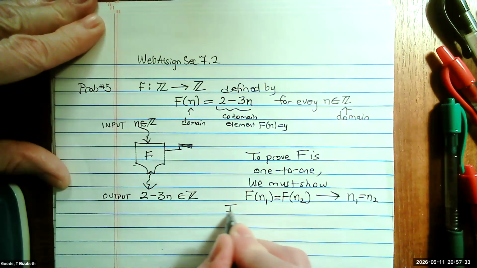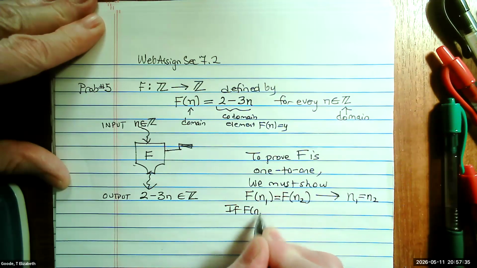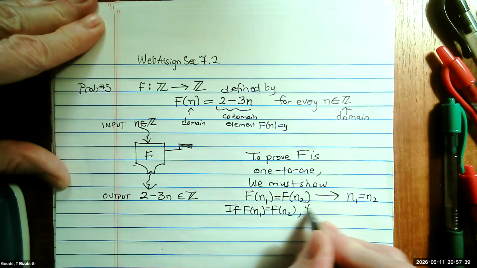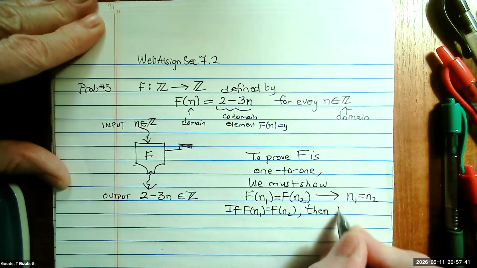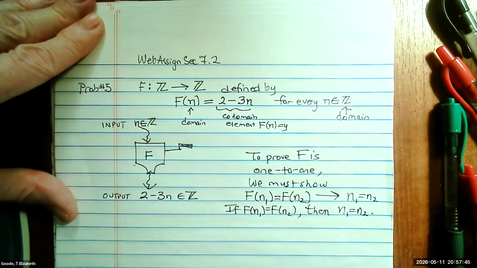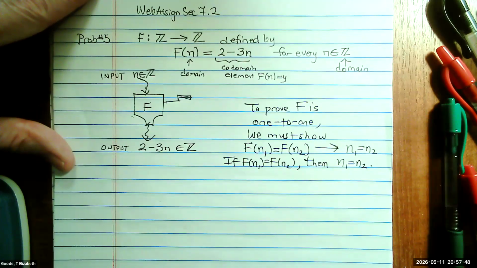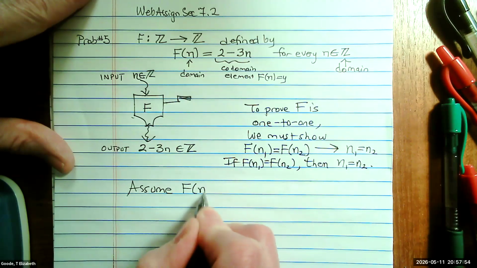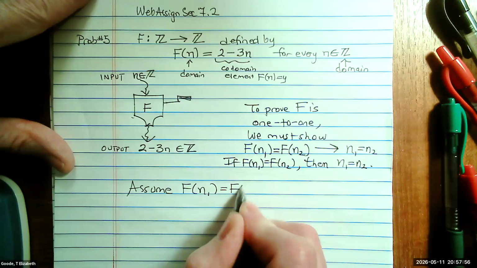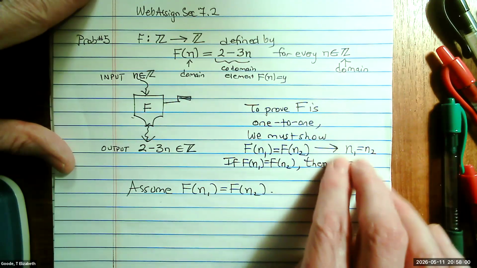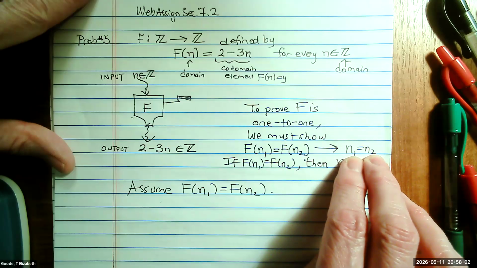In other words, if f of n1 equals f of n2, then in fact n1 had to be equal to n2 to begin with. Okay? So we assume f of n1 equals f of n2, and let's see if we can prove that n1 equals n2.